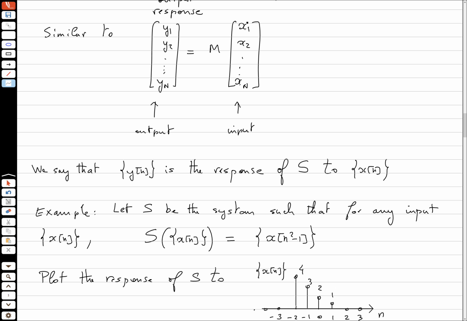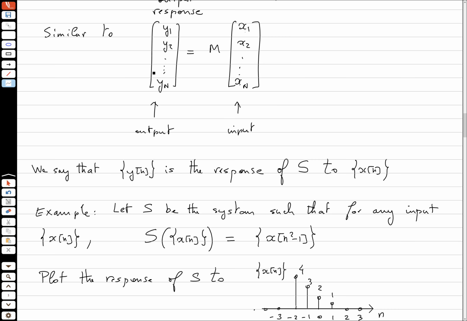And the other thing is that suppose you know all of the input values, and you modify only x of p in this vector. Are you going to have that y sub p is the only value that gets modified? No, that's not true.